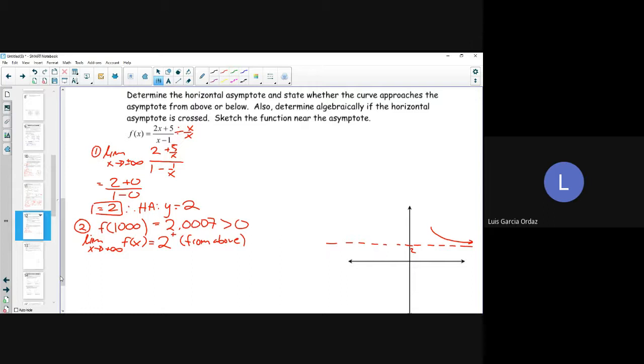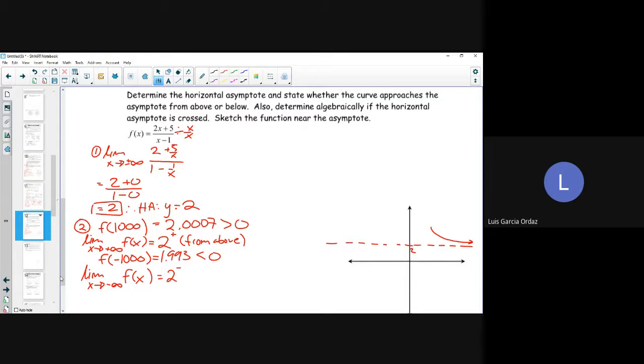Now I need to take a really big negative value. Let's try negative 1,000. When I evaluate f at negative 1,000, I get 1.993. Is that greater than or less than 2? Less. So this is less than 2, which means that my limit as x approaches negative infinity of f of x is equal to 2 from below.